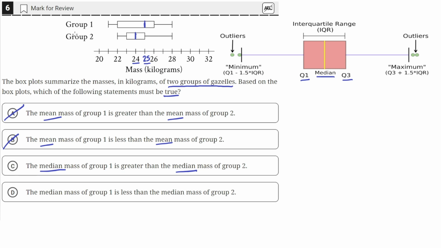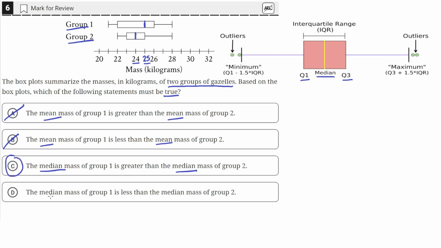So the box plots are saying that group 1's median is greater than group 2's. And answer choice C is saying exactly that: group 1's median is greater than group 2's median. So answer choice C must be correct.